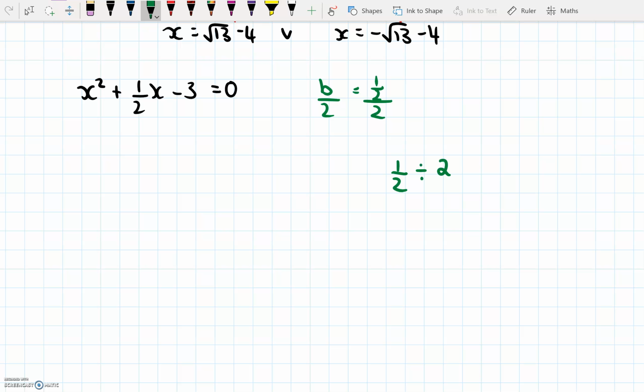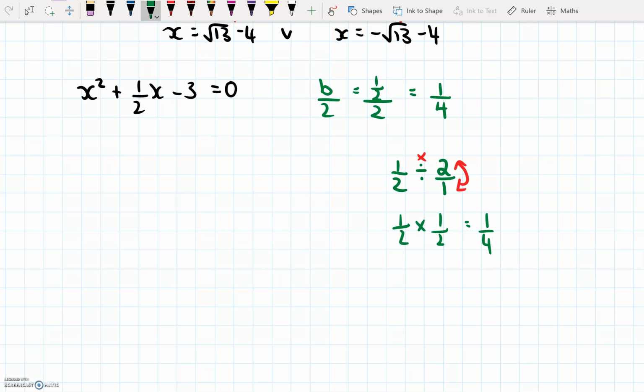You can write 2 really as 2 over 1. And remember, when you divide by a fraction, what you do is you flip the second fraction and change it to times. So what we have is a half times a half, which is a quarter. So b over 2 is actually 1 over 4.